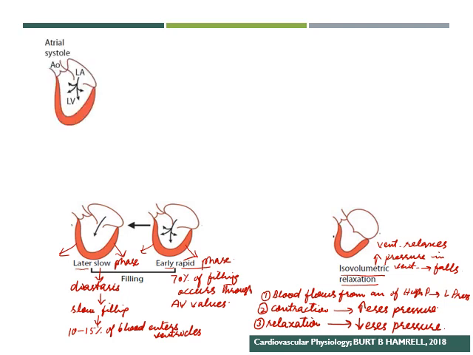After rapid and slow phase, atrial systole begins, and during atrial systole, 20% of filling is accomplished when atria contract and push blood into the ventricles.